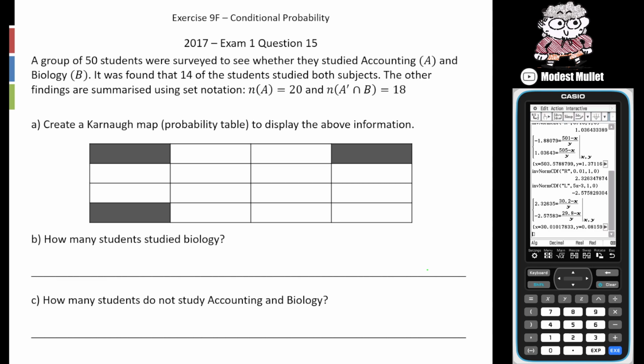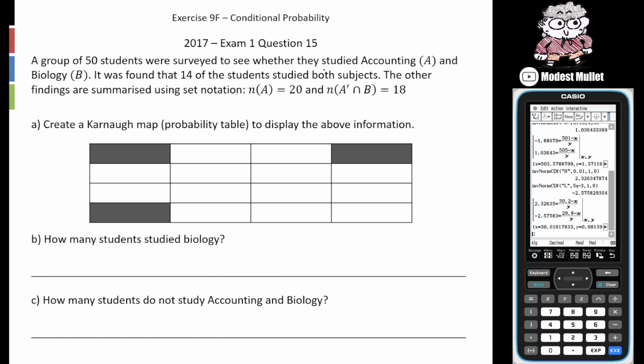If there's one thing out of this whole chapter that you need to make sure you get, it is conditional probability, because it is always in Year 12 Methods. For example, here's 2017 exam question 15 from the Year 12 Methods exam.